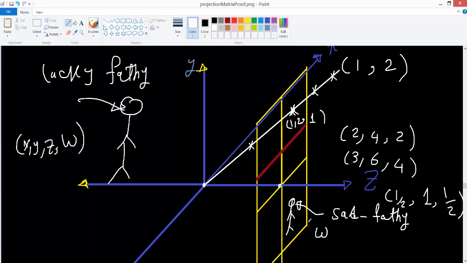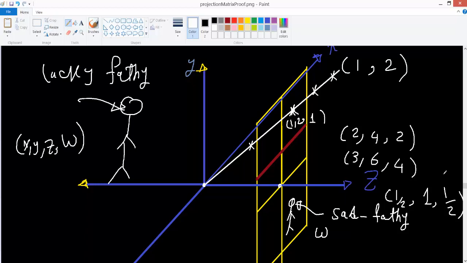Sad Fathi's w is this z, while this w is another component in a 4D space that Lucky Fathi cannot perceive, just like Sad Fathi cannot perceive the 3D space that Lucky Fathi lies in. Lucky Fathi can use this W component mathematically or algebraically, while he cannot understand the geometrical meaning of it because it is beyond his own imagination.